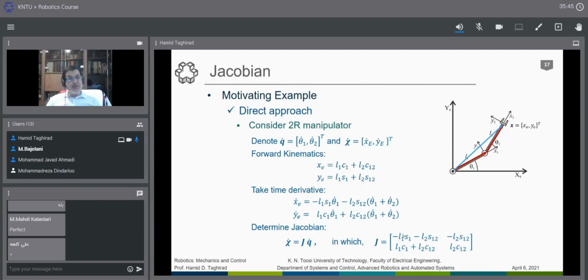As I mentioned, control students are quite familiar with linear algebra and the benefit of using matrices in manipulation and mappings. Any matrix can have eigenvalues, eigenvectors, singular values, a norm, a determinant, a transpose.